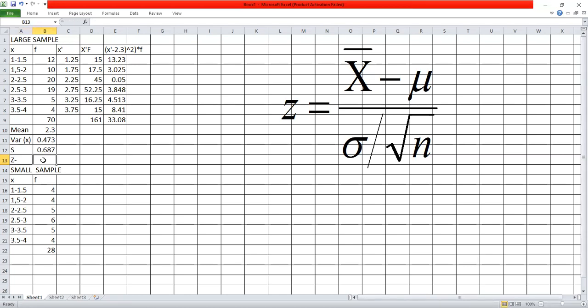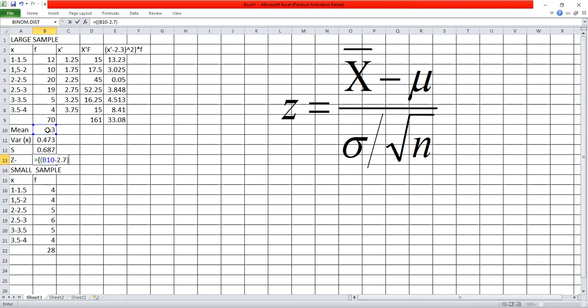Z is equal to bracket there, x bar is this, minus 2.7.